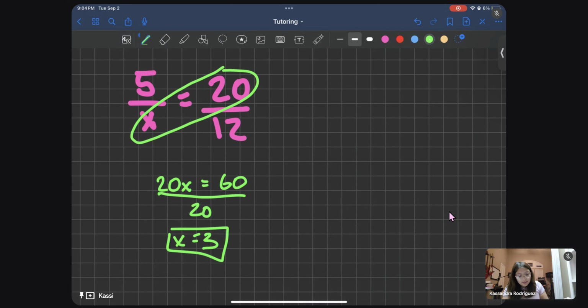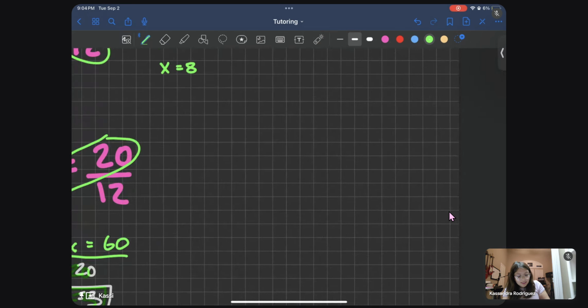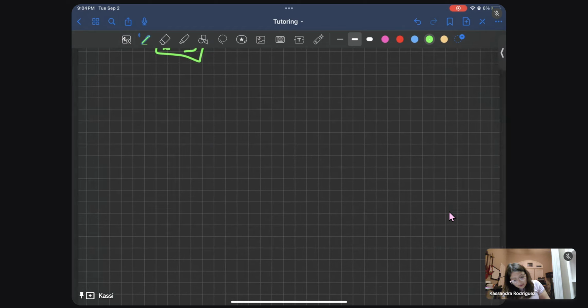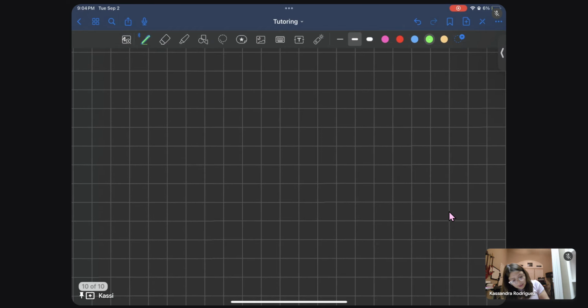So now I want to try some word problems with you guys. Hopefully this has been enough practice for you to get a little bit of a hang of it. So let's try out a word problem.